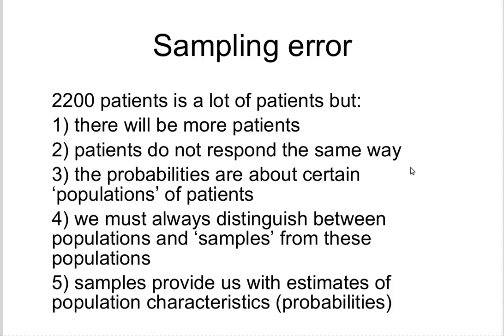That we'd like to make a statement that applies to not just those 2,200 patients, but to the population of all comparable patients, perhaps. So the samples provide us with estimates of population characteristics. And we're going to distinguish between the populations and the samples. Very, very crucial here.